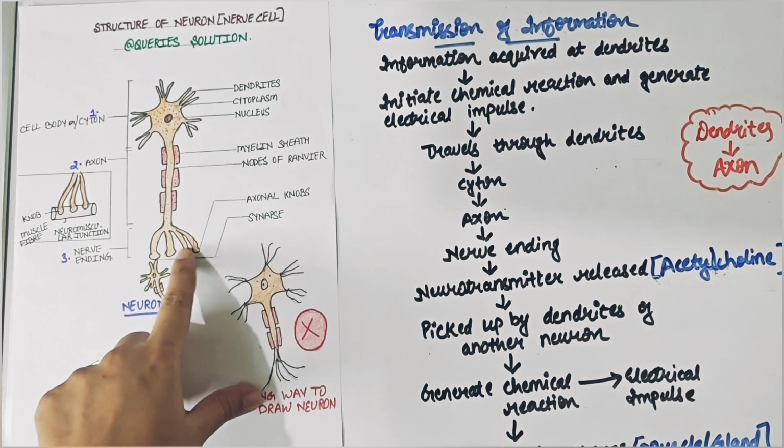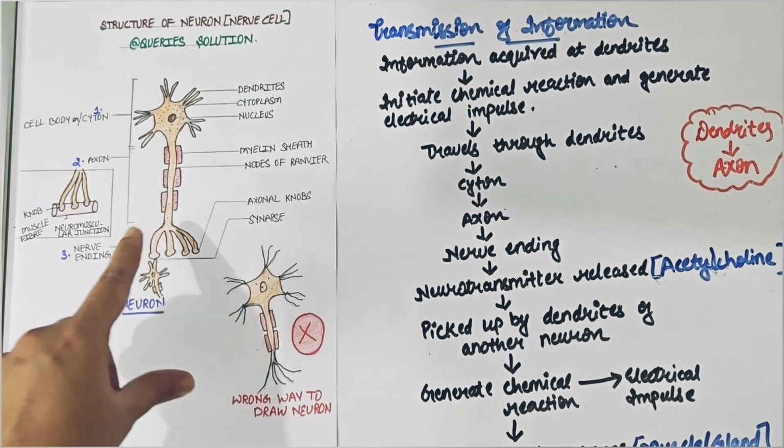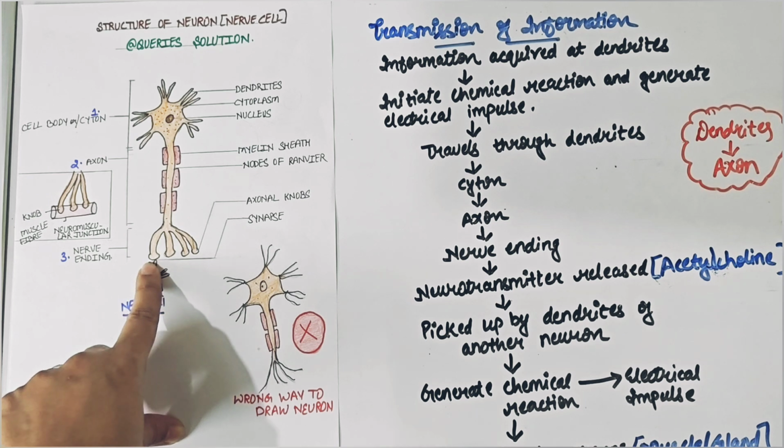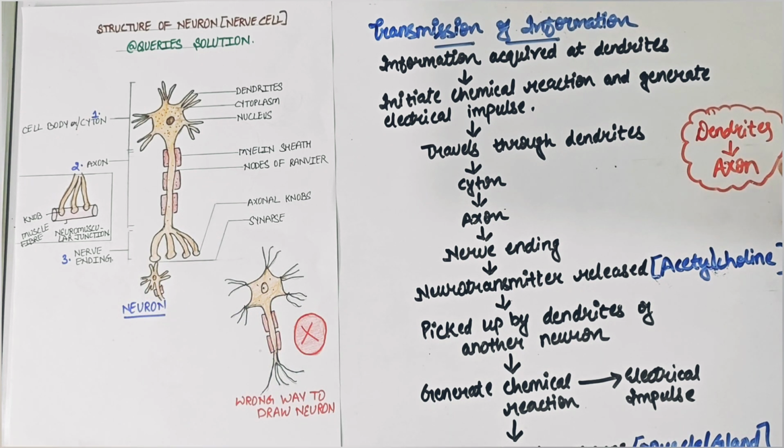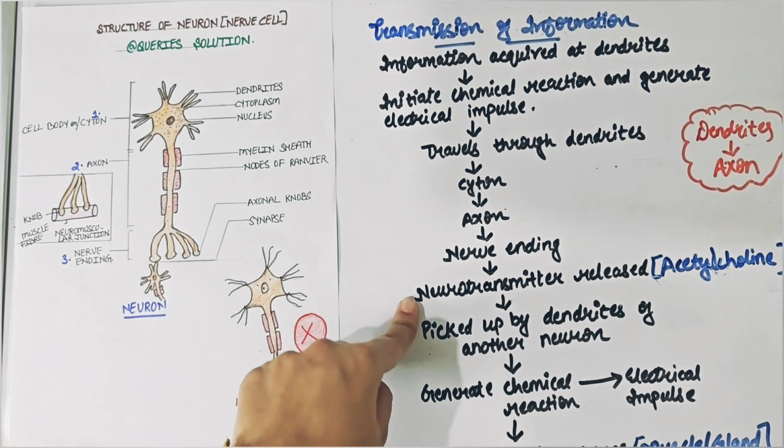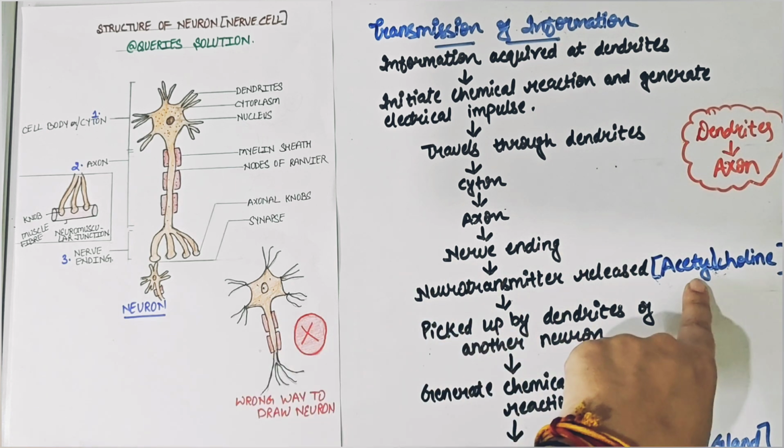Now, as the chemical is released towards the ending, this released chemical, acetylcholine, will be picked up by the dendrite of another neuron, because as I stated, the rule is the same. The messages will always flow from the dendrites to the axon, right? So even for neuron number 2, the message will flow in the same direction. For neuron number 3, neuron number 4, and for millions of neurons, the message will be transported the same way. So neuron number 1 reaches the ending and releases a chemical.